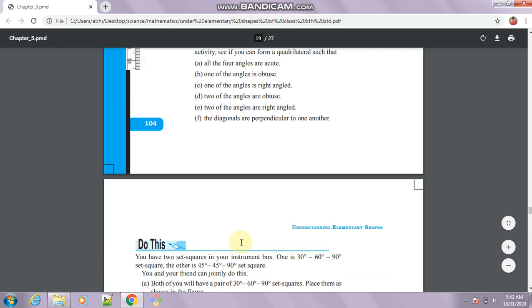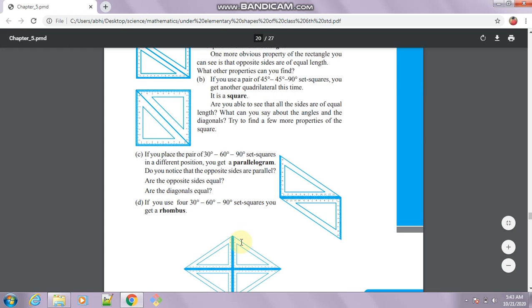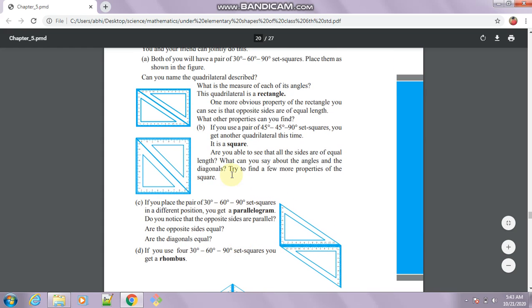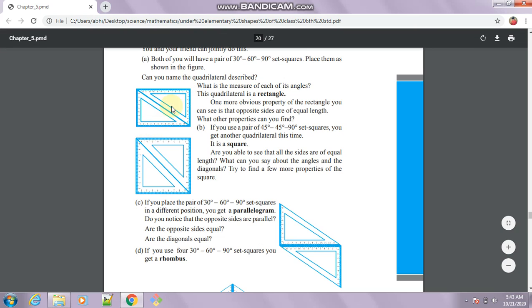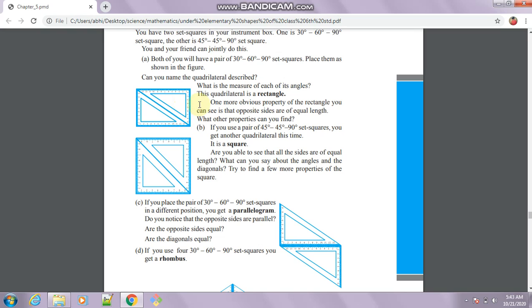Okay, now I'll be taking the set square. Till now we have not used the set square in your geometry box, correct? So now we are using this set square. See here, what is this? This is a rectangle.